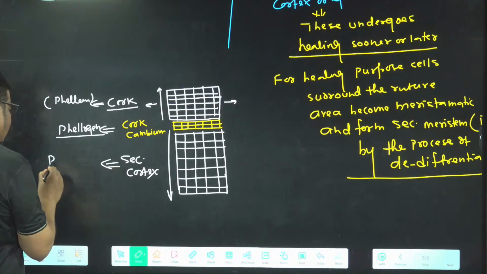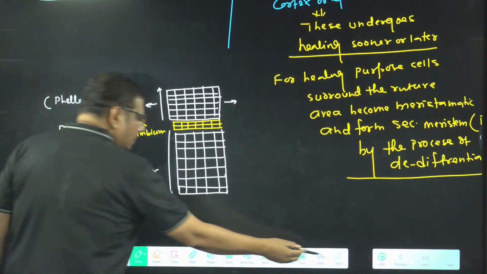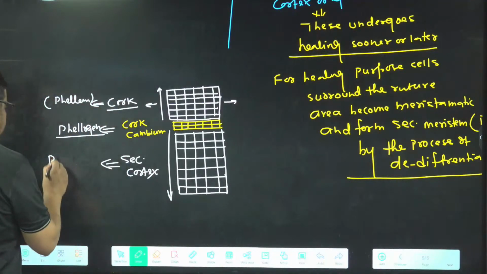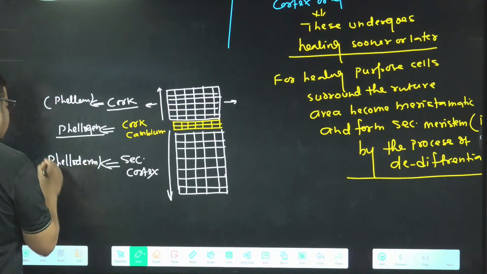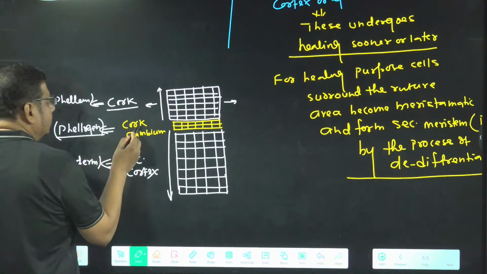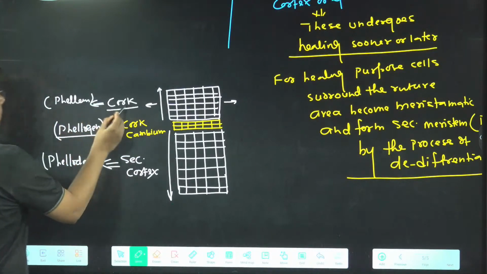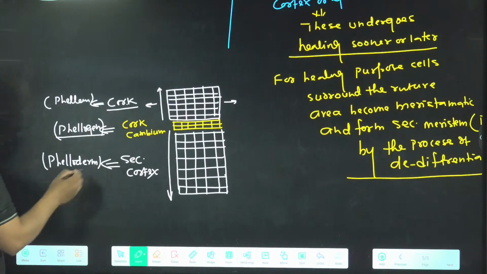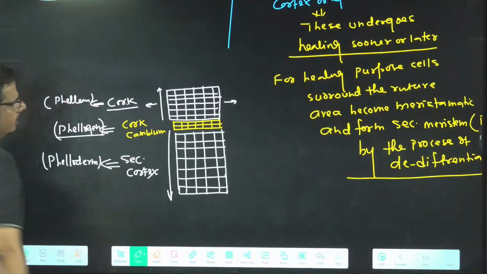And this is also called which one? Phelloderm. Getting the things? Phelloderm is another name of secondary cortex. Phellogen is another name of cork cambium. And phellum is another name of cork. So they are forming cork toward outside, secondary cortex toward inside.